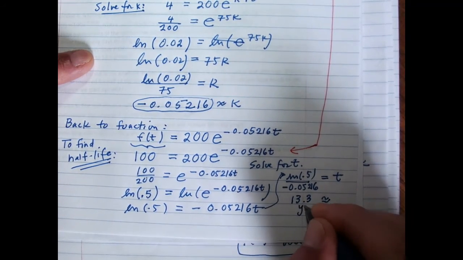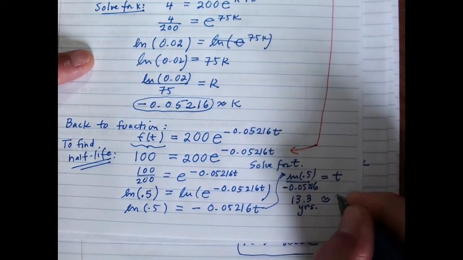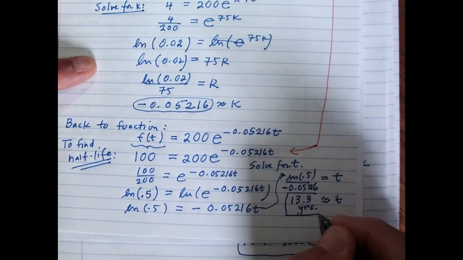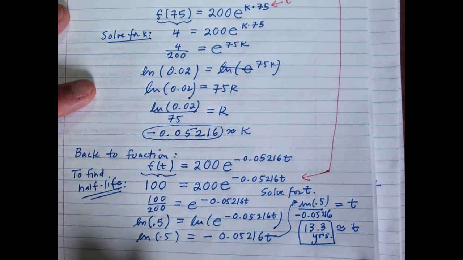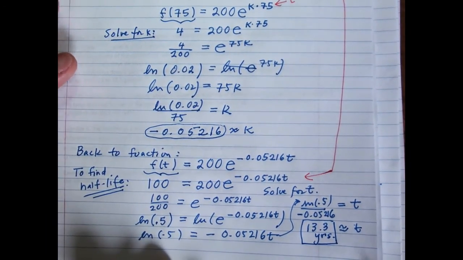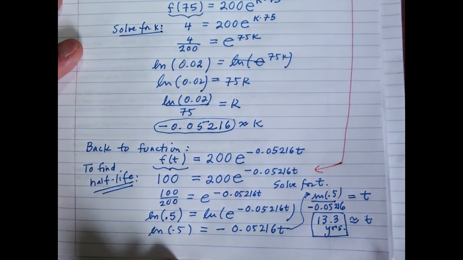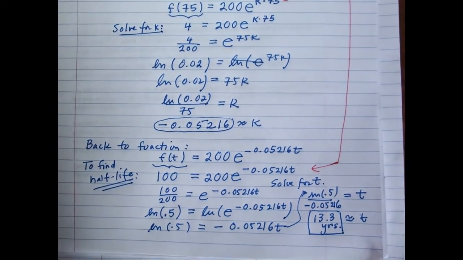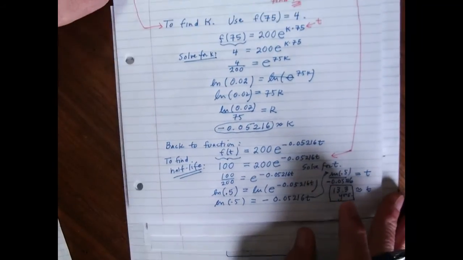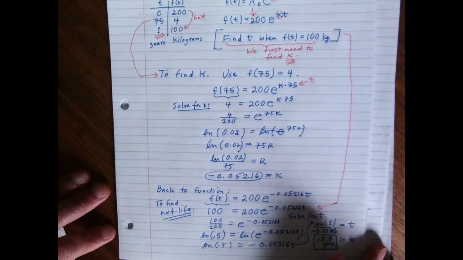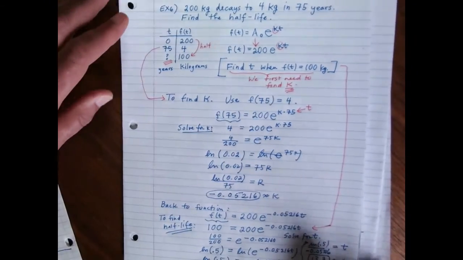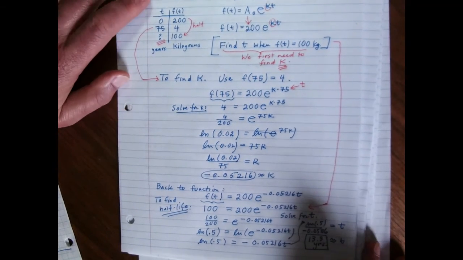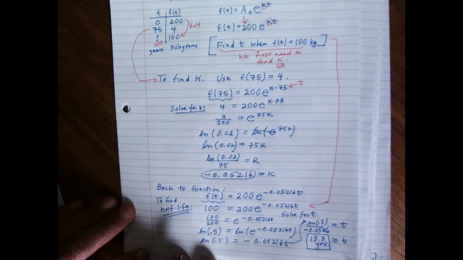That is positive, right? Because I ended up taking a negative divided by a negative in my calculation. I'm going to try to zoom out a bit here to get more of this in the picture. Okay, we got just about everything there. Don't want to cover up the answer.